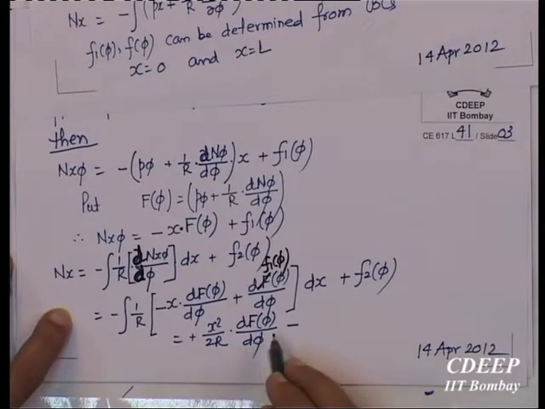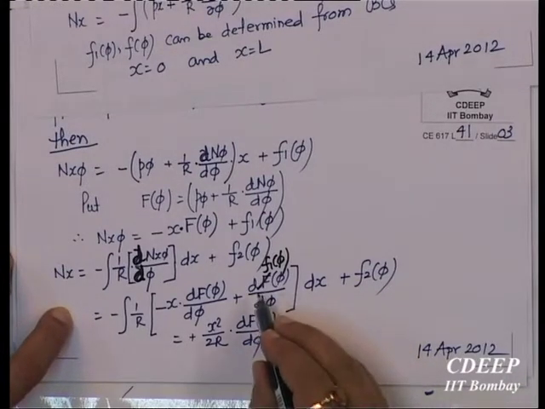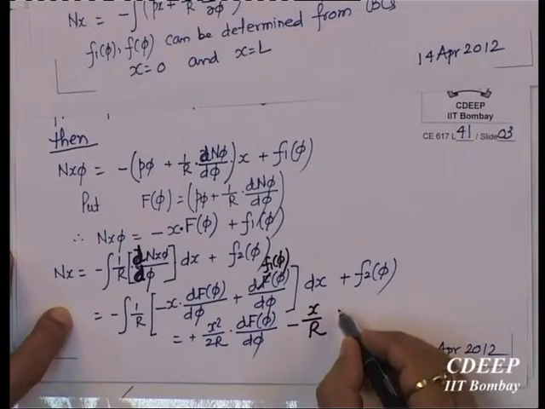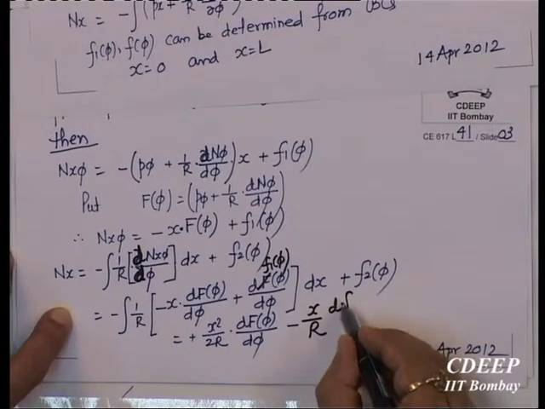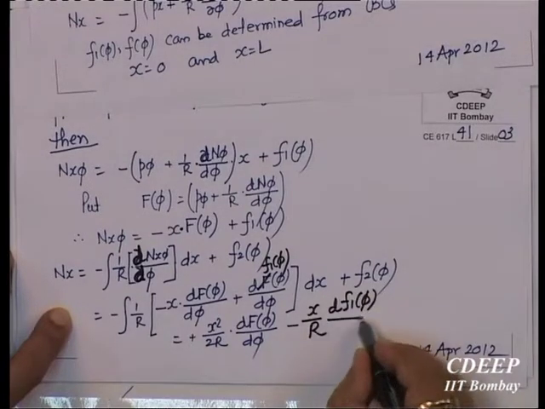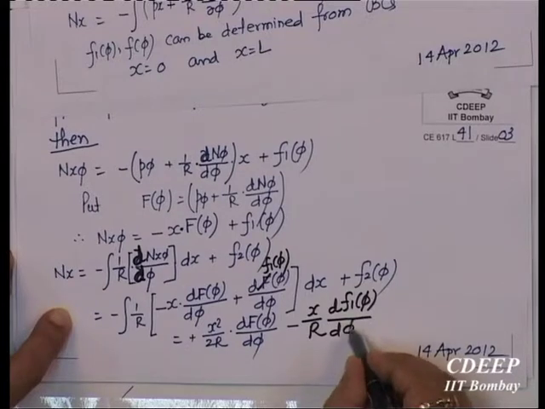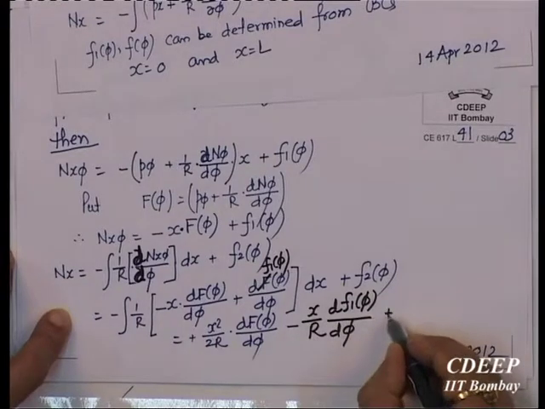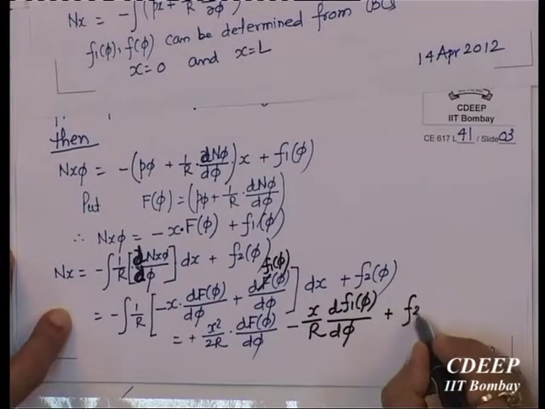So, this is x square by 2, so far it is okay, and then this one will become x by r d f1 phi by d phi plus f2 phi.